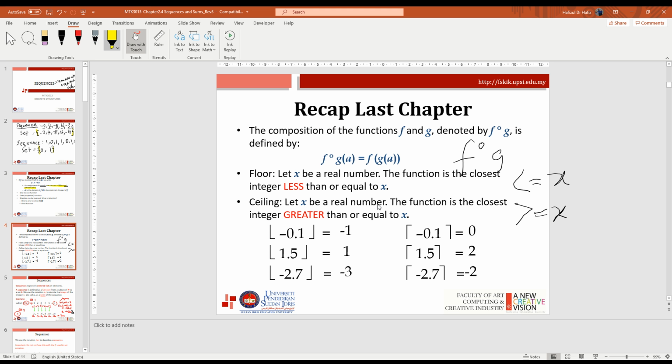Then we also looked at the composition of functions f and g, denoted f composed with g, and the floor, less than or equal to, and the ceiling, greater than or equal to.